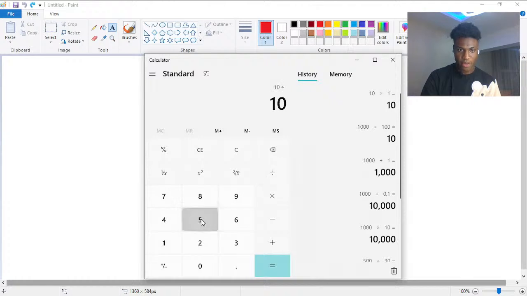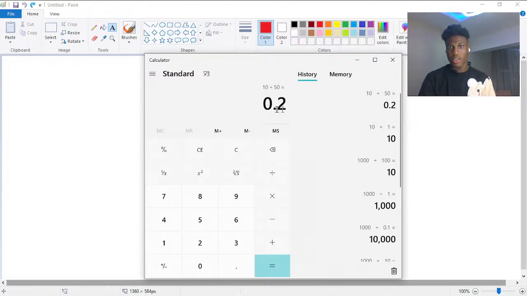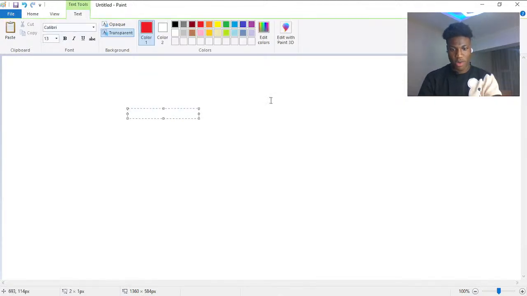I divide it by 50 pips. That's giving me 0.2. What does this mean? 20 cents. What lot size goes with 20 cents per pip? The micro lot size, 0.02. I'll explain it to you guys again. Now, remember, 0.01.